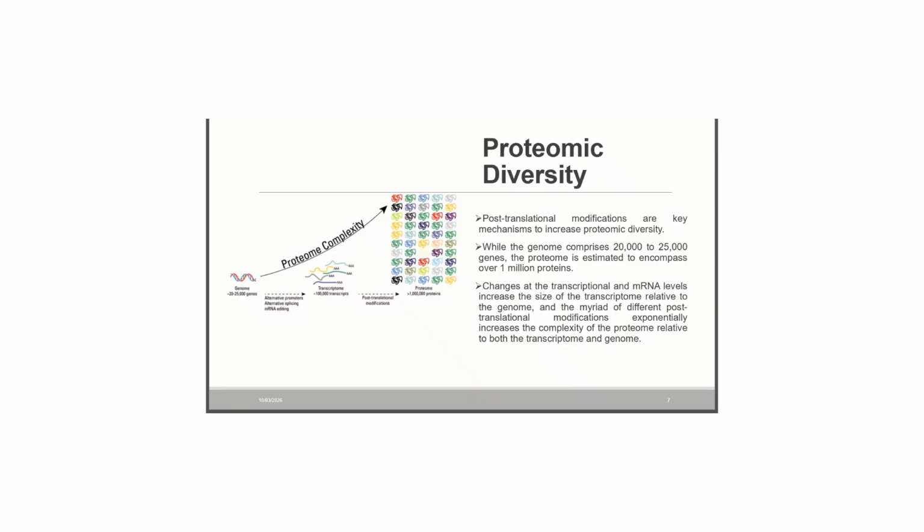Changes in transcription and messenger RNA levels increase the size of the transcriptome relative to the genome, and post-translation modification exponentially increases the complexity of the proteome relative to both the transcriptome and genome. So it's very clear how proteome complexity increases with post-translation modifications.